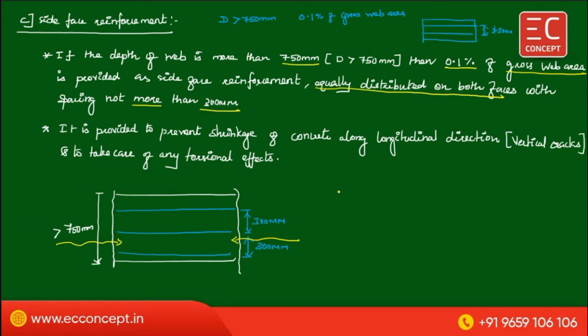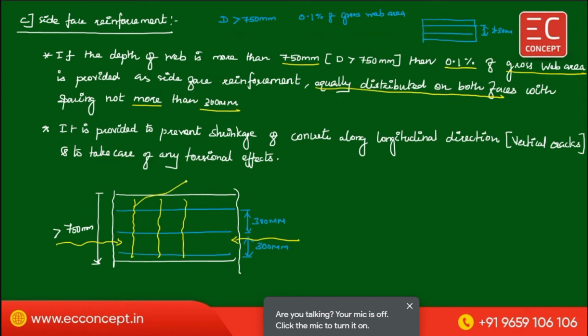If there is shrinkage in the longitudinal direction, then there are cracks developed in the vertical direction. So these are the cracks. And this side reinforcement is also used to take care of any torsional effect. So this is also important.